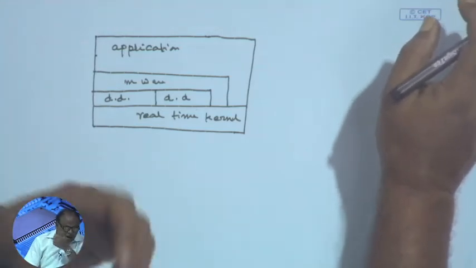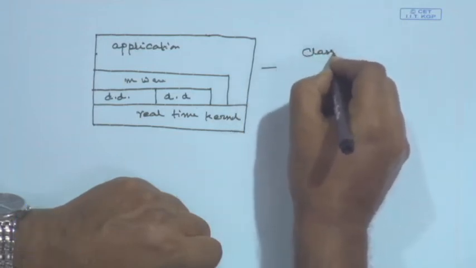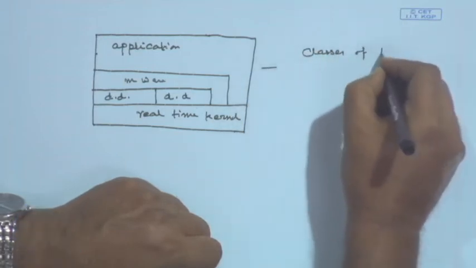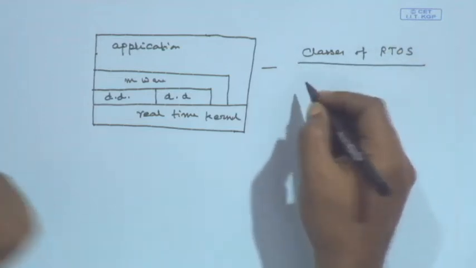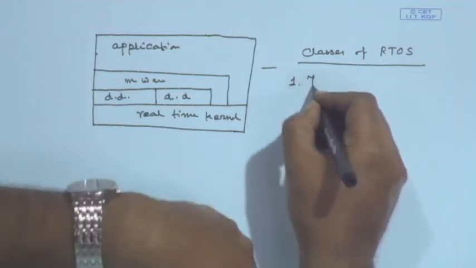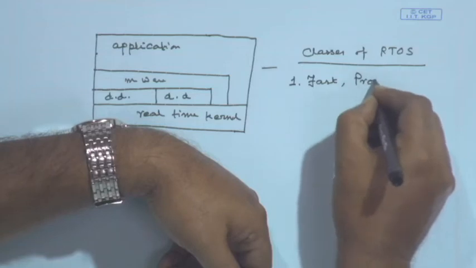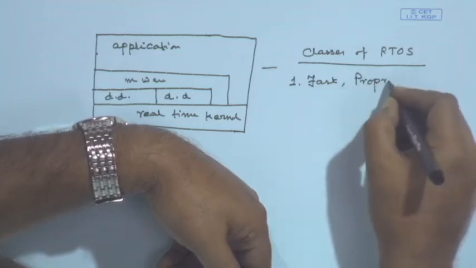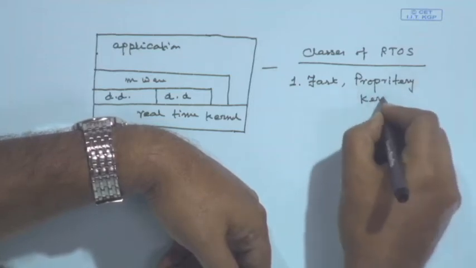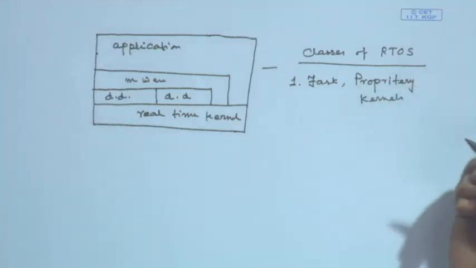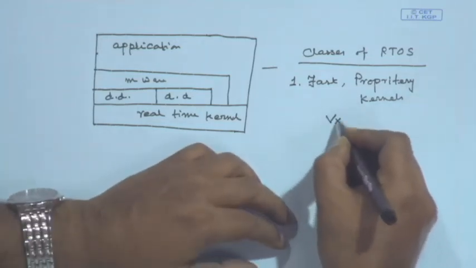So, the classes of real time operating systems: one is fast and proprietary, not open kernels. A typical example of this is VxWorks.